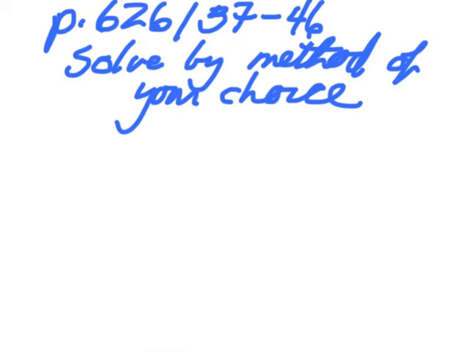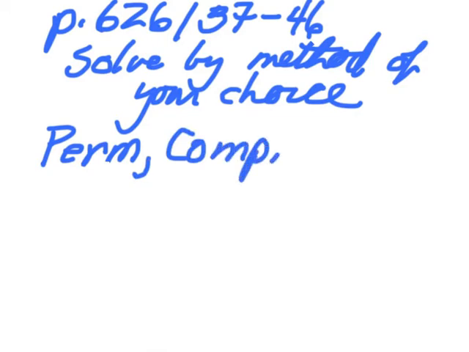What that means is you're probably going to have permutations, combinations, and fundamental counting principle problems all mixed in. So let's go through a few of these so that you can see what they are. Open your book to 626 and we'll list them and see how we do.